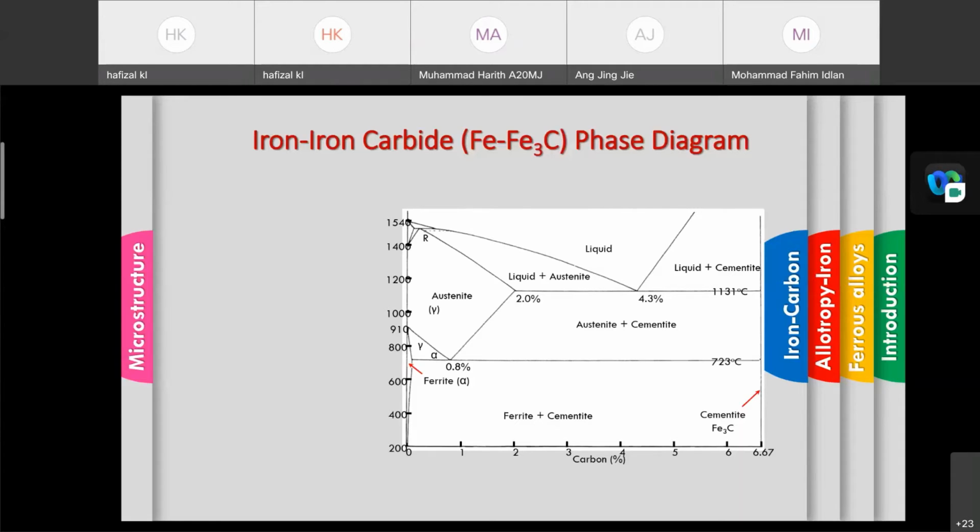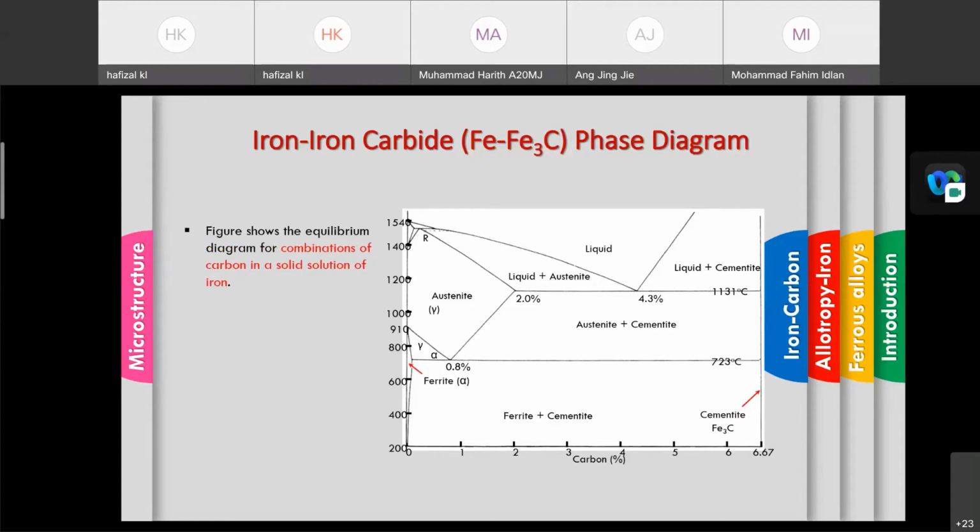We have alpha, gamma, and also delta. And also the combination with carbon, so we have Fe3C. The mixture of the carbon and ferrous produces the Fe3C. So you can see there is the combination of carbon in the solid solution of iron.